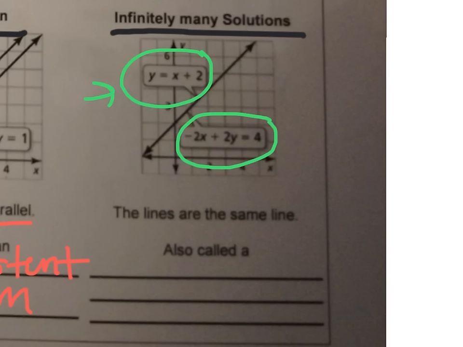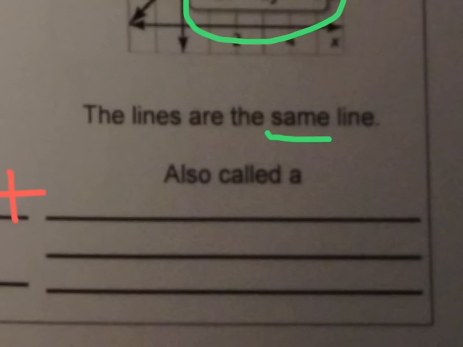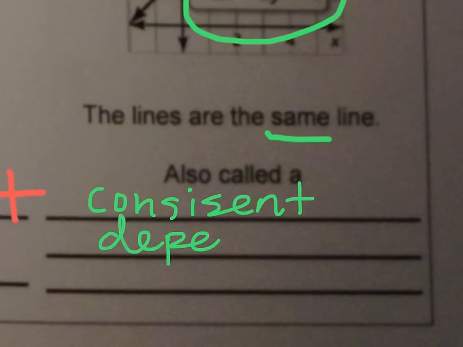It's the same exact line. When the lines are the same line, they have infinitely many solutions. Another phrase for this is a consistent dependent system.